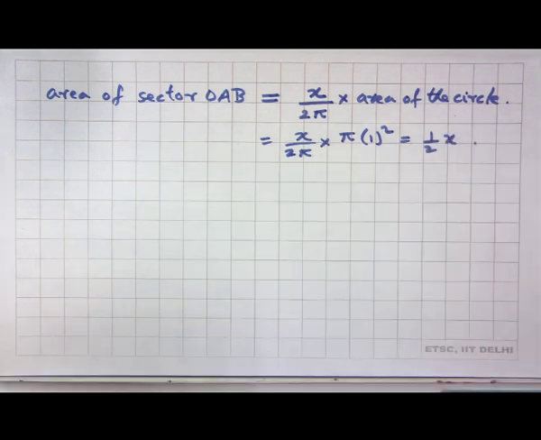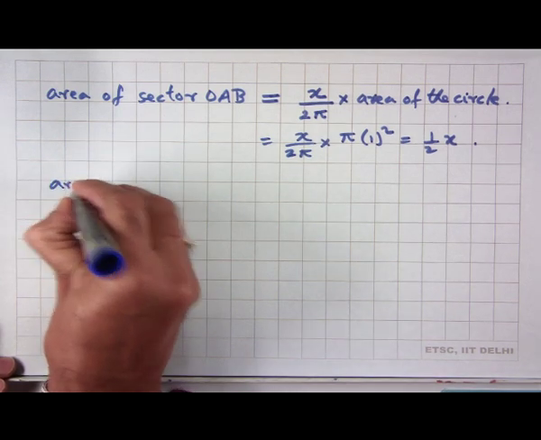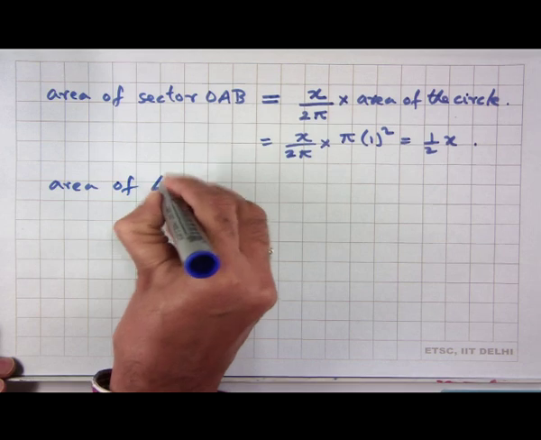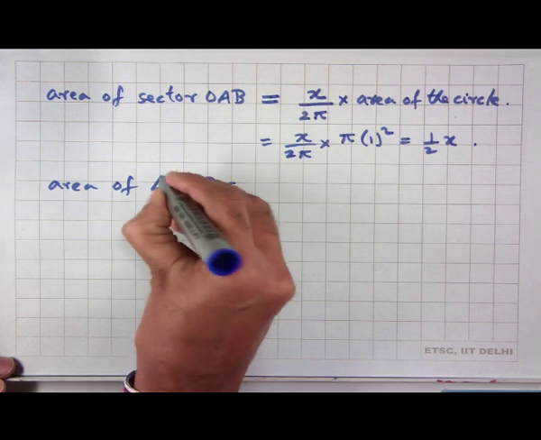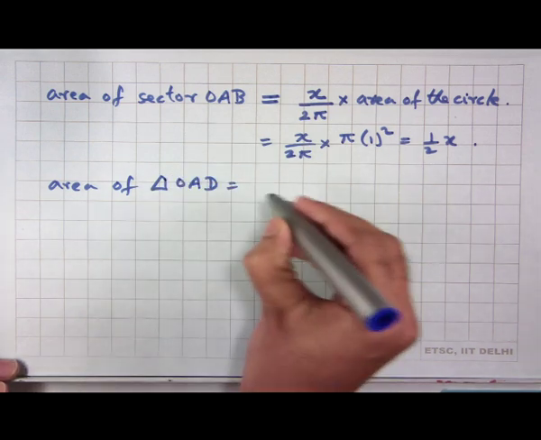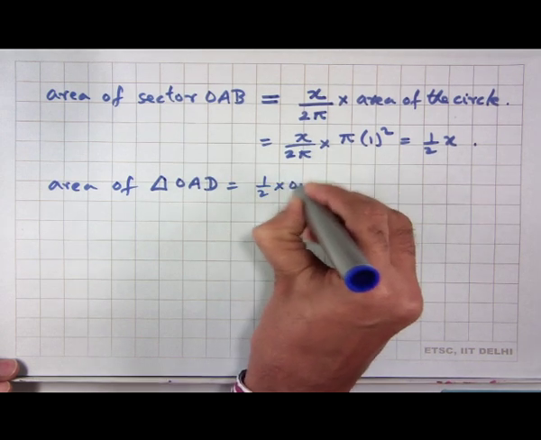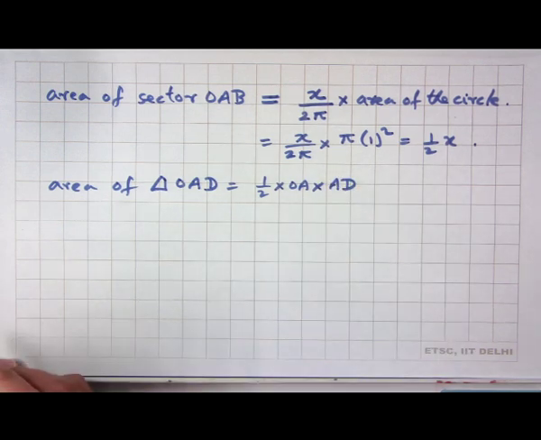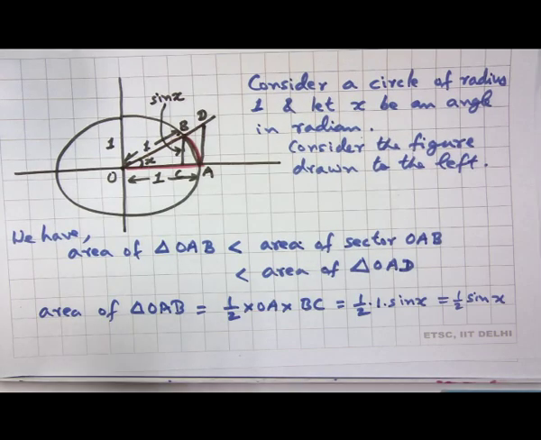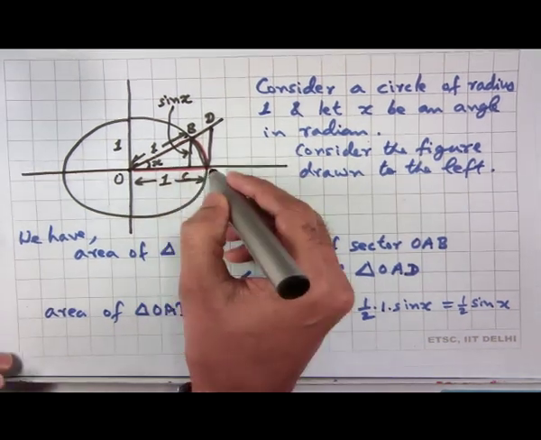So, area of sector is half x, and we also need area of triangle OAD. So, this is again a right angle triangle, and the area is half times OA times AD. Let me show the picture again. So, the triangle OAD, the area is half times OA times AD.